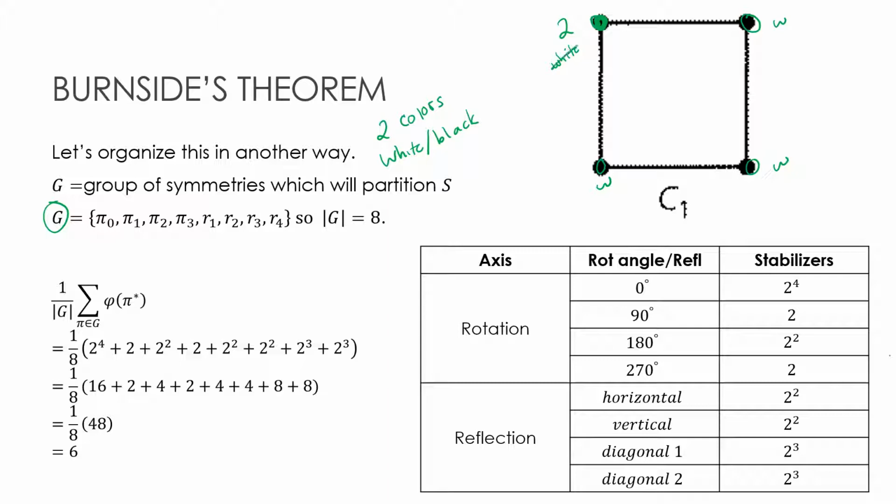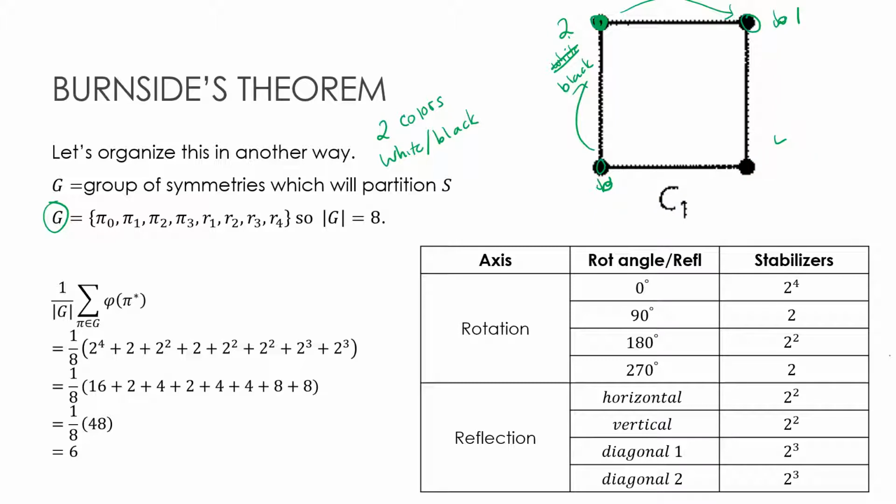If I chose it to instead be black, in order for the configuration to remain the same and still be rotating 90 degrees, then this would have to be black, and this would have to be black, and this would have to be black. So I only have 2 times 1 times 1 times 1, or 2 colors, as opposed to 2 to the 4th, where I could use any color I wanted on my last one.